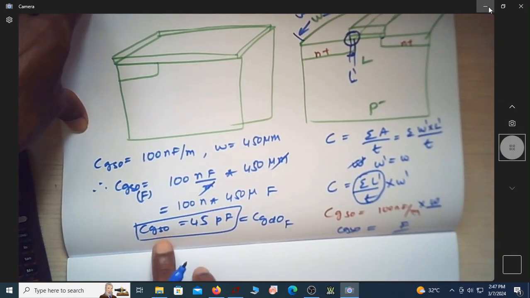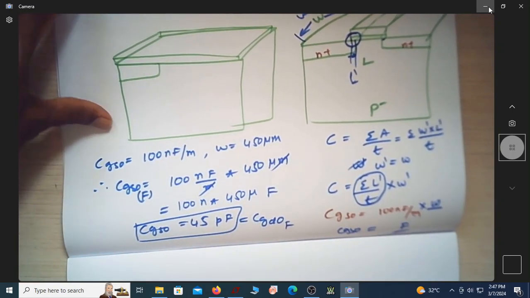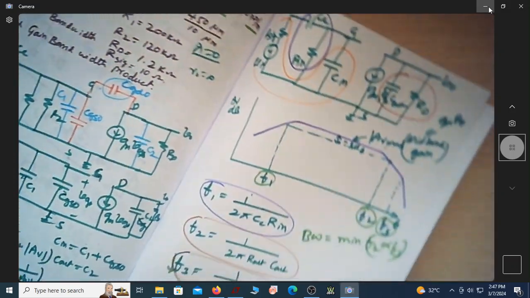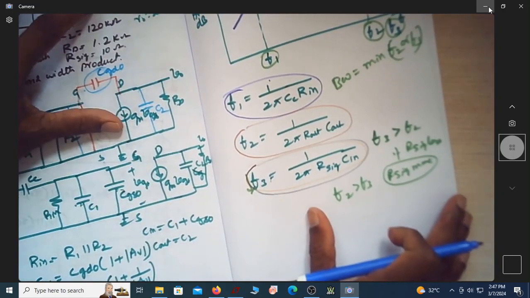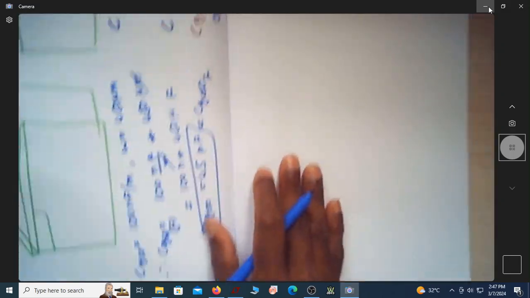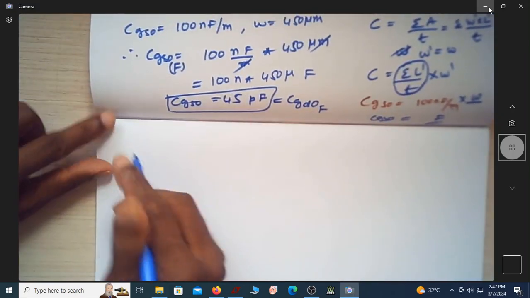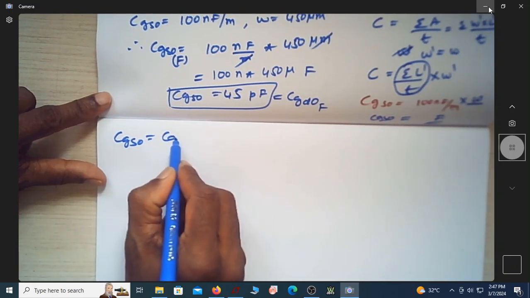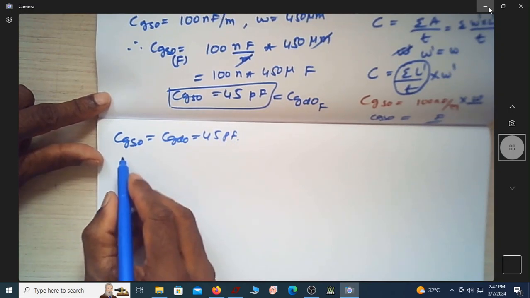Let us use these two values of CGSO, CGDO, to find out different cutoff frequencies F1, F2, F3. So CGSO is equal to CGDO is equal to 45 picofarad.